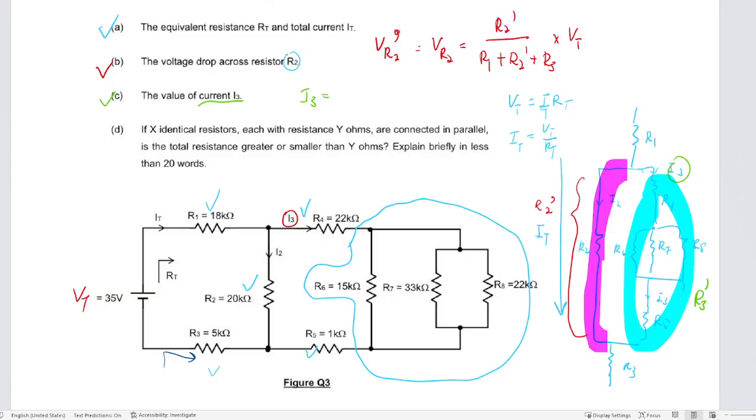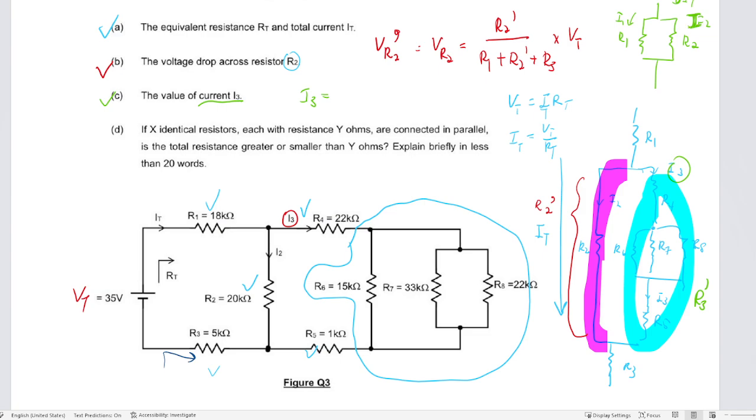Basically the current divider rule says that if you have two parallel branches here with a current I total coming in, this is R1, this is R2 of different values, your I1 and I2.